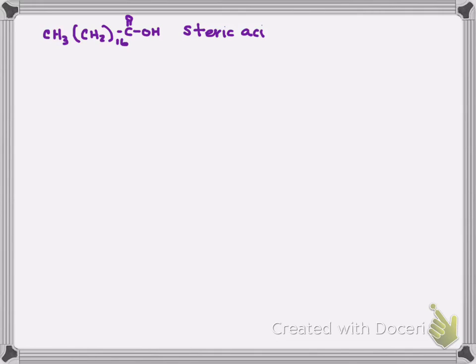So let me ask you a quick question. How many carbons are in stearic acid? 18. So it's a C18, okay? A lot of times when you see stearic acid, you'll see this little note after it, 18, and then a colon and a 0. This is the number of double bonds.